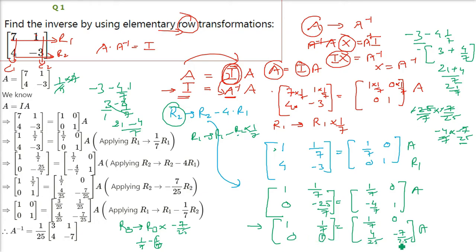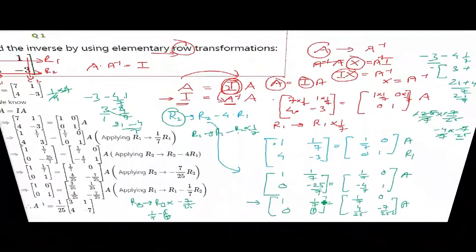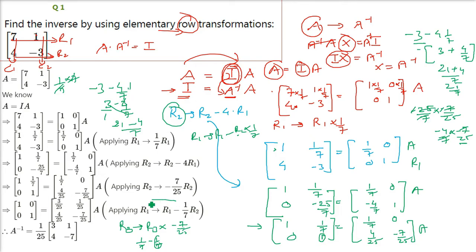Okay. So what do you get finally? This finally I am doing. Row 1. So this we are executing. So we get 1. Row 1 minus 0 into minus 1 by 7, it won't affect. That is going to be 1.